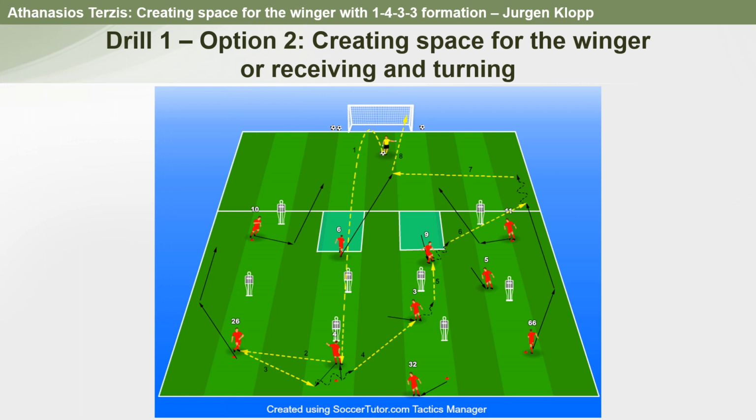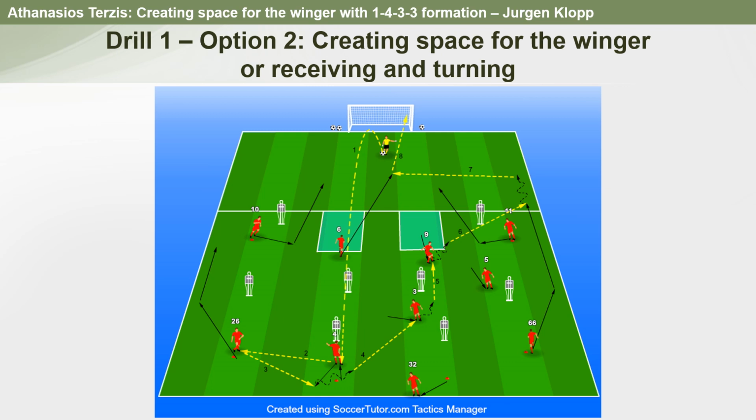This is the second step of drill number 1. The players now carry out the second option in order to get familiar with every possible reaction of the opposing central defender. The same pattern of passes is used again, and the ball is directed towards the defensive midfielder number 3, who receives with open body shape between the lines and moves forward with the ball.